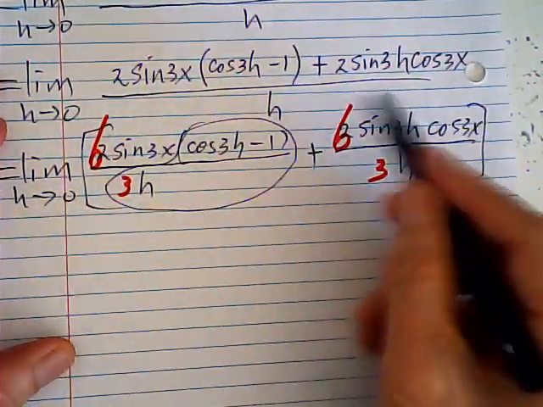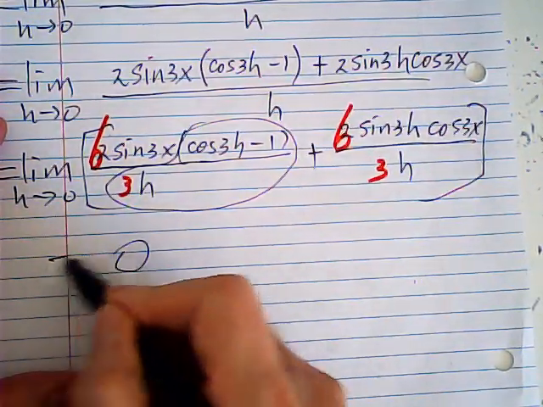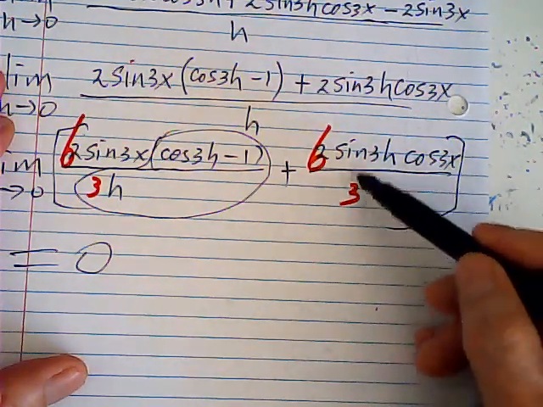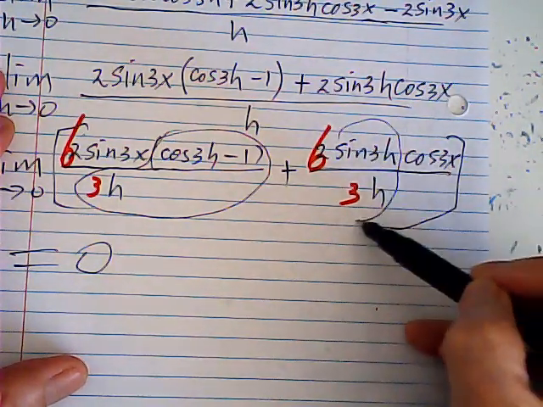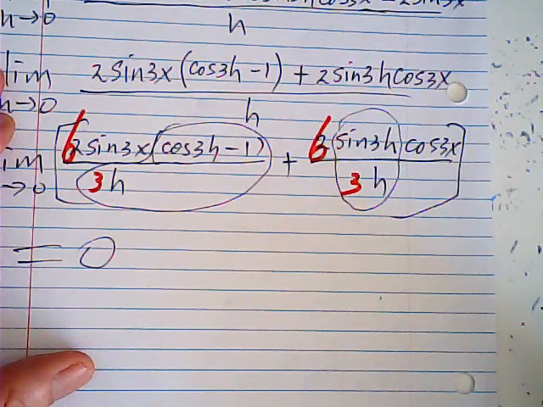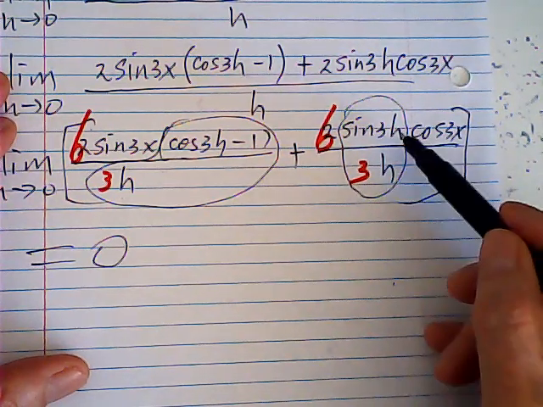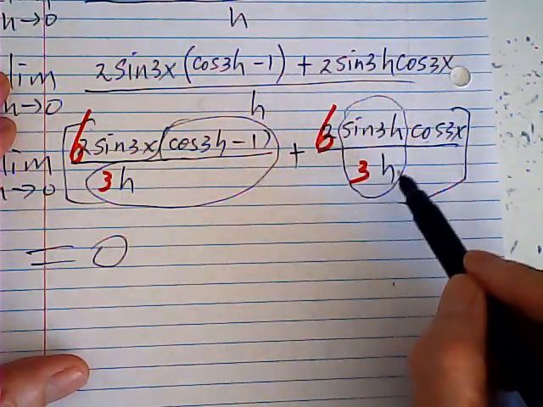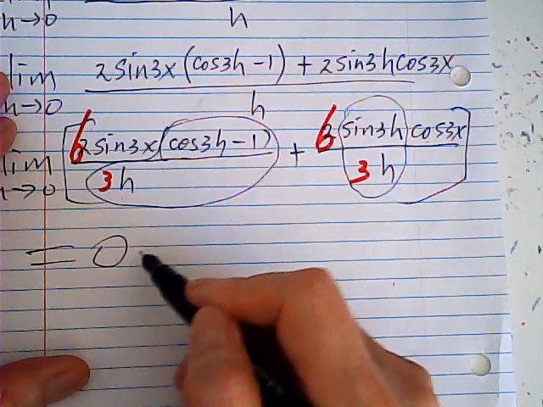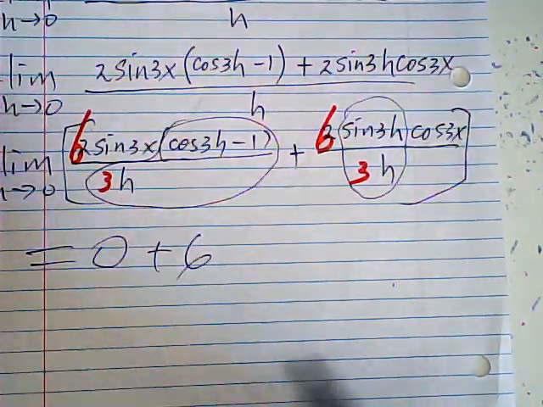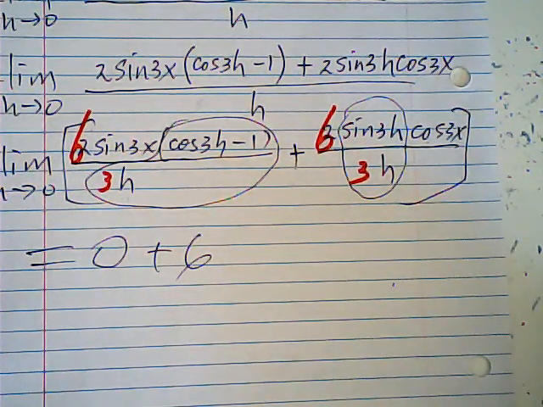This is 0, so everything goes to 0. This one goes to 1, as discussed before. So this one goes to what? This one is 1, this is 6. Yeah, 6.